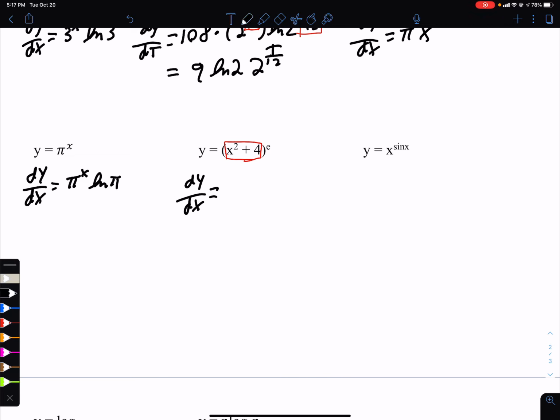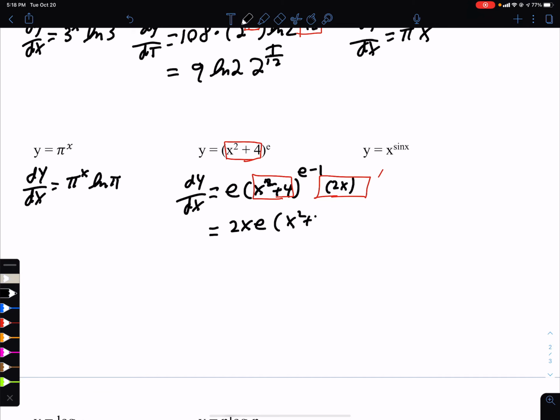So we're going to have e box to the e minus 1, but chain rule says we have to multiply by the derivative of box. What is the derivative of the inside? It's just 2x. And let me rearrange this. So we're going to have 2x e times x squared plus 4 to the e minus 1 power. And that is that one.